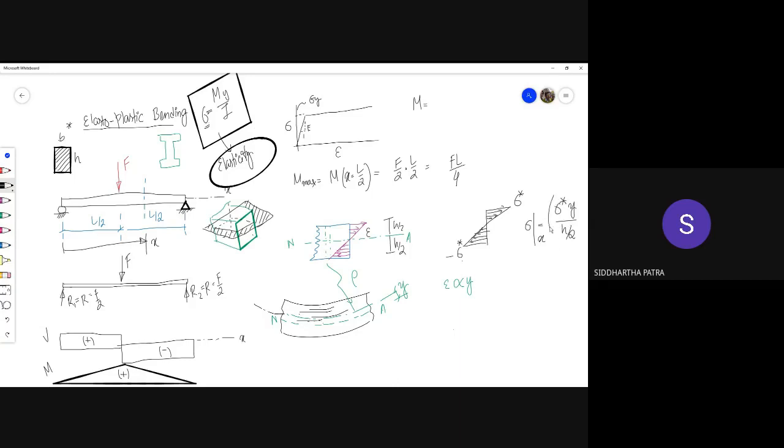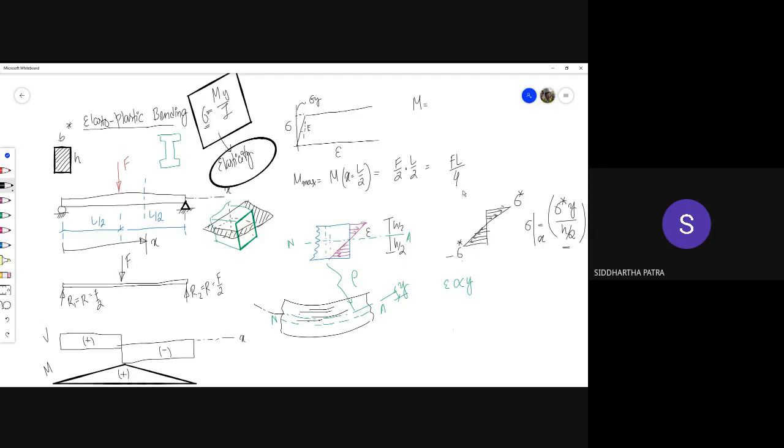So we know that the stress in elasticity would be proportional to your distance from the neutral axis, and at the two ends the maximum stress is sigma star, so we have this expression. As we integrate this quantity, you need to think in this way.